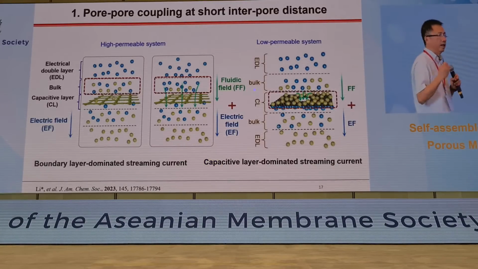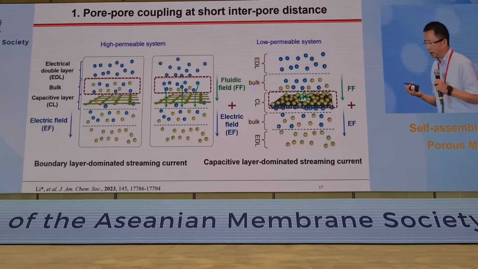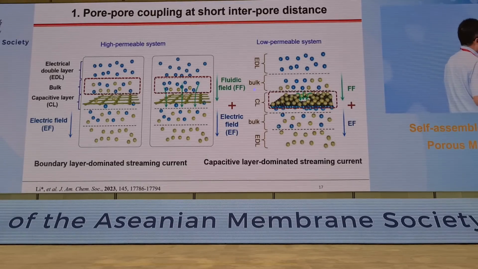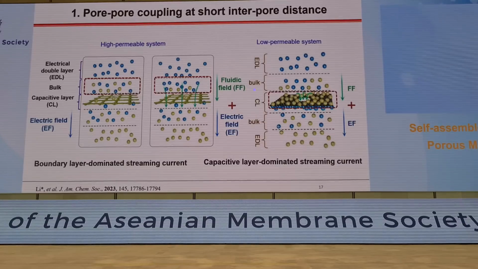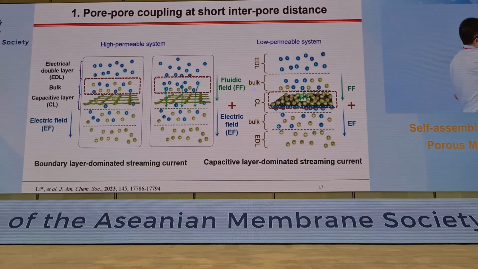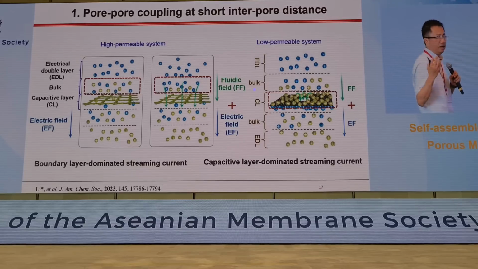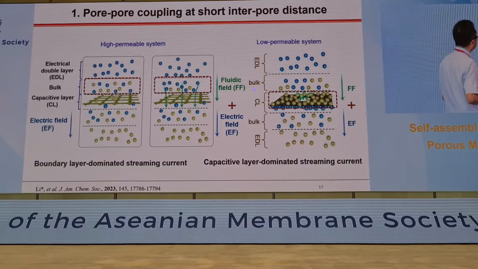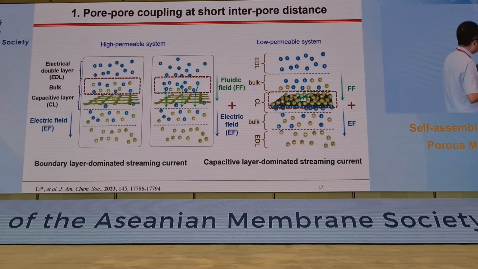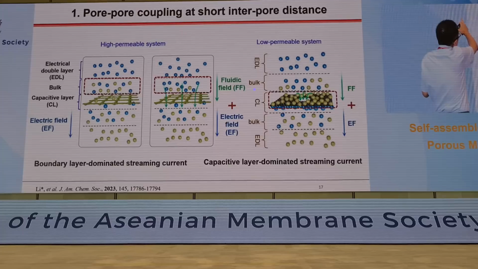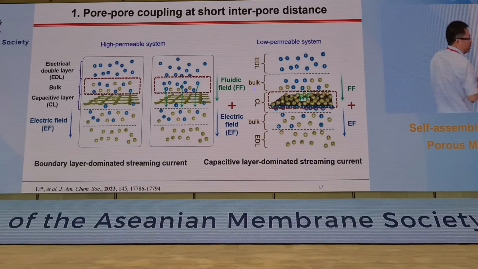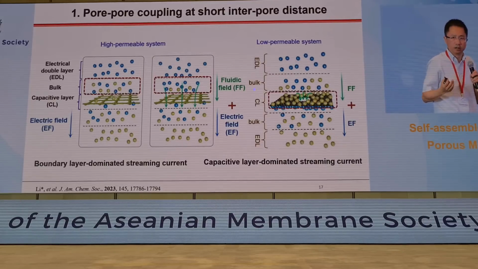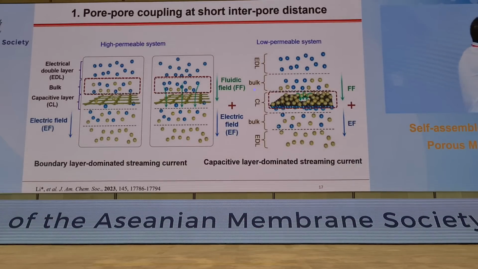We also found in this multiple pore system, also called the high permeability system, an anomalous coupling effect between the fluid field and the electric field. In these high permeability systems, because of the fast depletion of the capacitive layers, the ions in the electric double layers will move across the membrane.